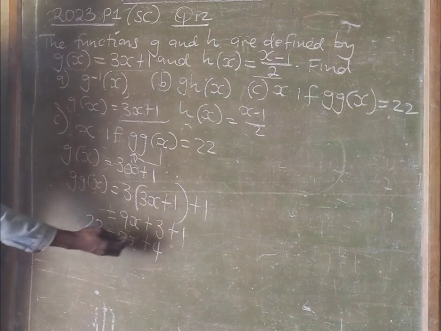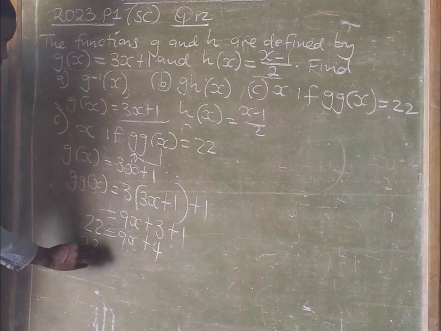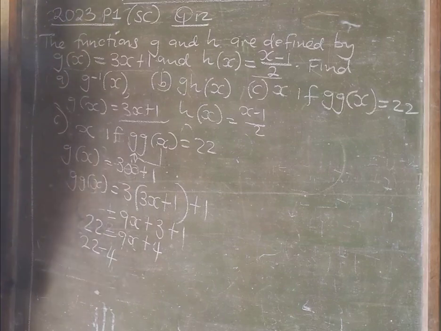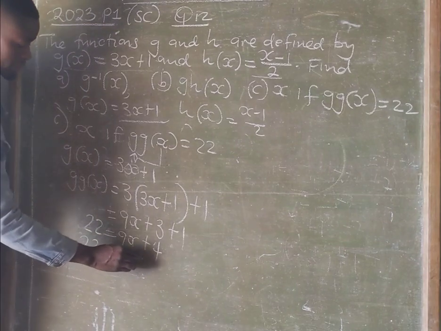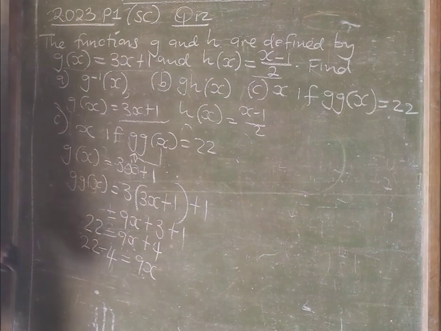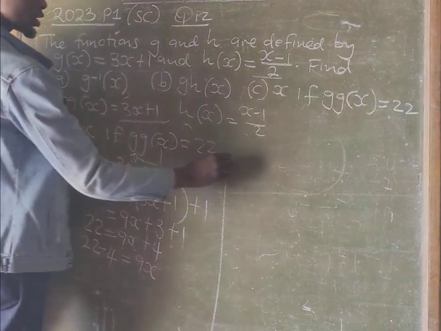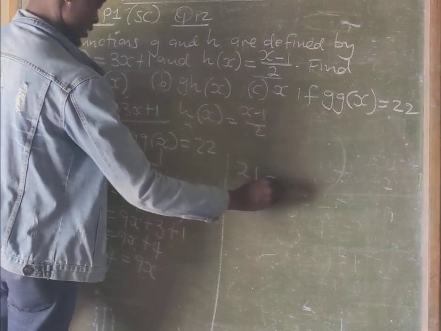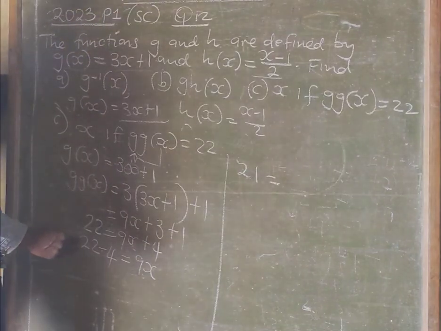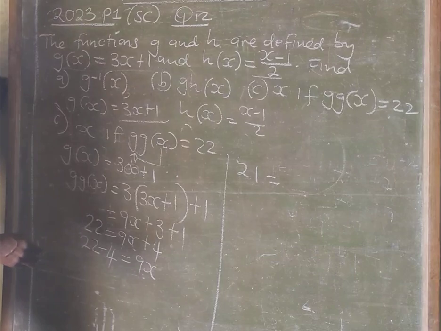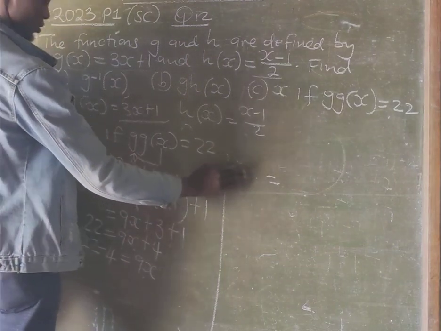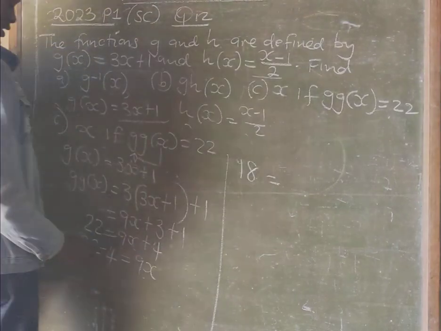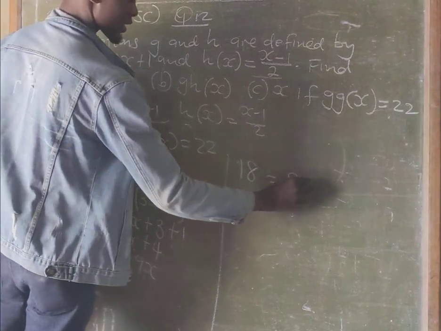So we collect the like terms. So 22, this 4 will come this side, it will be minus. So the sign changes to negative. Then we have x. So in this case we have 22 minus 4, that is 18, equal to 9x.